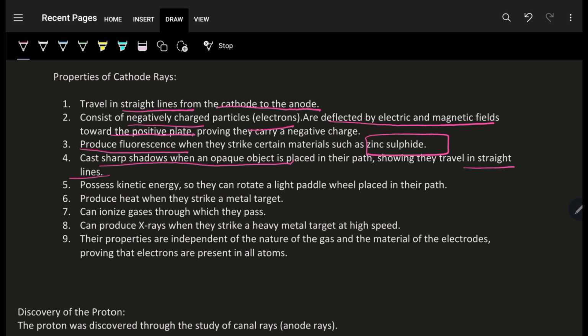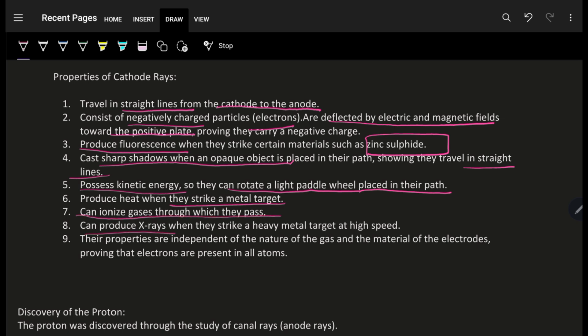Now they have the particle nature, and so they possess kinetic energy, and so they can rotate a wheel if it is kept in their path, because they possess kinetic energy. They heat up the metal surface on which they strike. They can ionize the gas through which they pass.